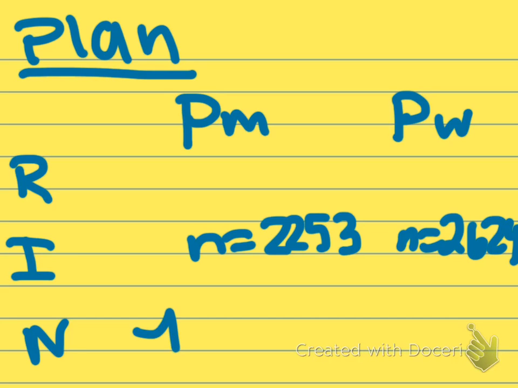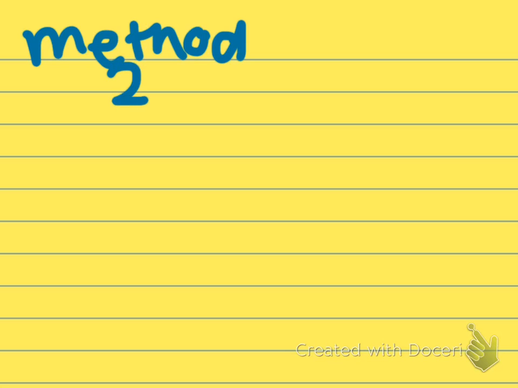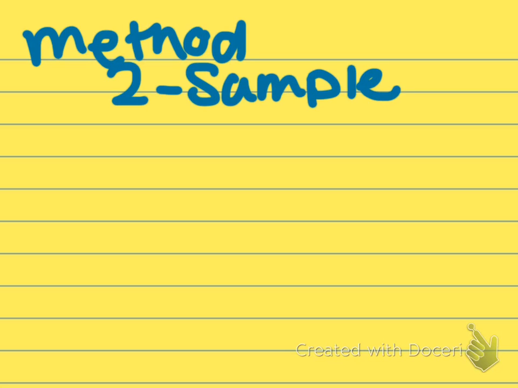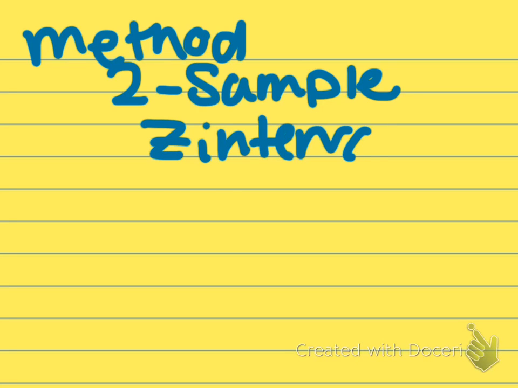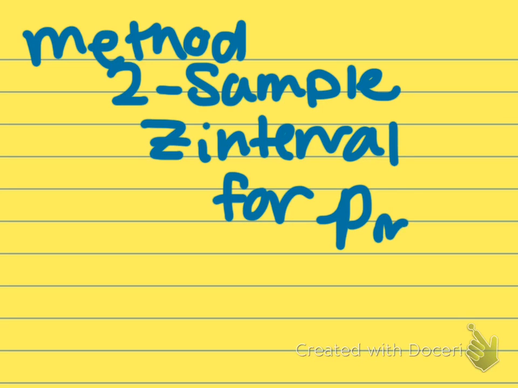For the normal condition, just remember you have to use your P hat of M, which you need to find, and you have to use your P hat of W, which you have to find. Your method is a 2-sample Z interval for P of M minus P of W.